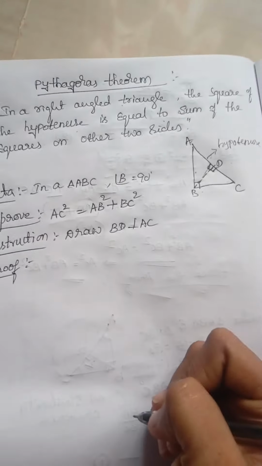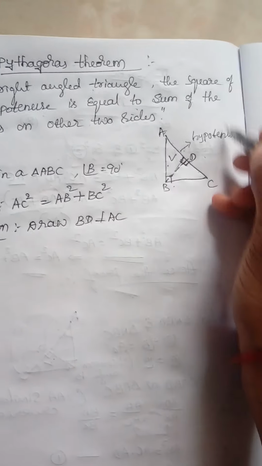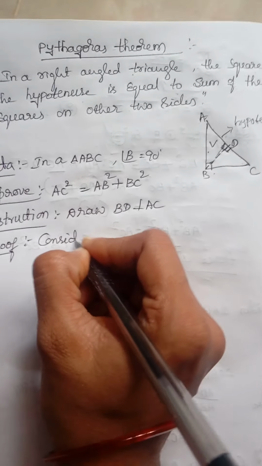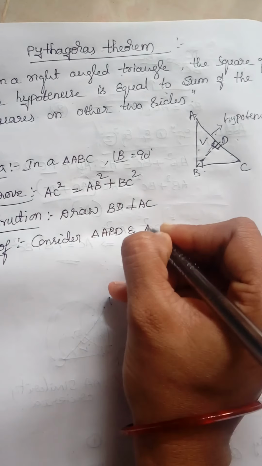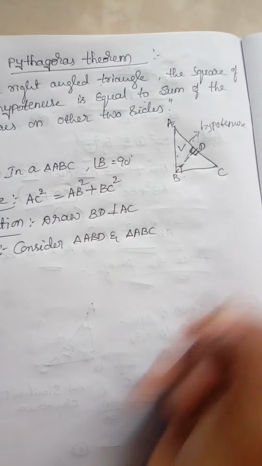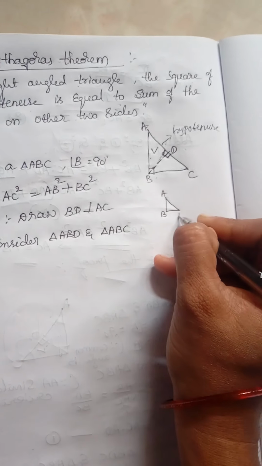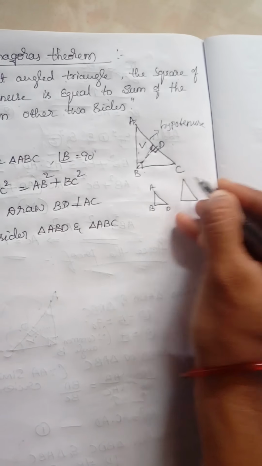How to prove the theorem? First, we take the two triangles: triangle ABD and the whole triangle ABC.